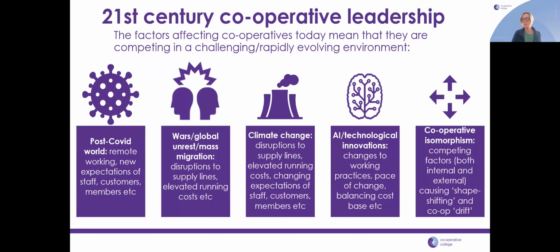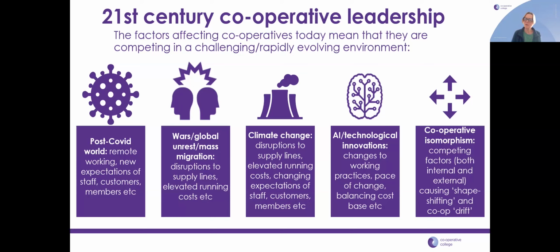And then, really importantly, we can't forget about AI and technological innovations and the way that is impacting businesses, changes to working practices, and also balancing the cost base. For small cooperatives, having to modernize and keep up with technological change and the pace of change, those are big overheads for organizations as well. So there's a lot of factors coming into play.